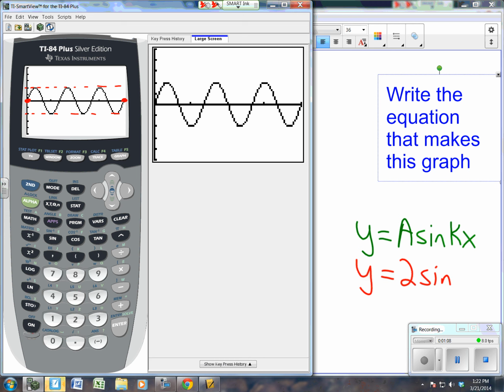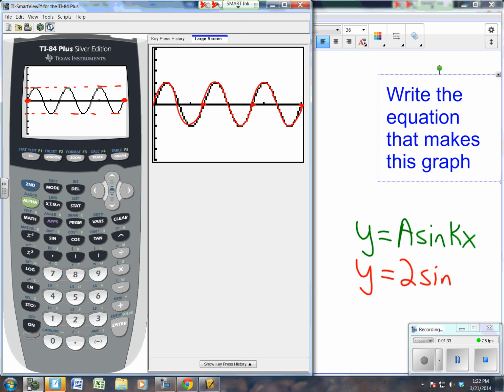Does anybody know what k is, or how to figure it out? It's not 4. It's 3. Why do you say 3? Yeah, there's 3 cycles. That's the first cycle. This is the second cycle right there. And this is the third cycle right there.